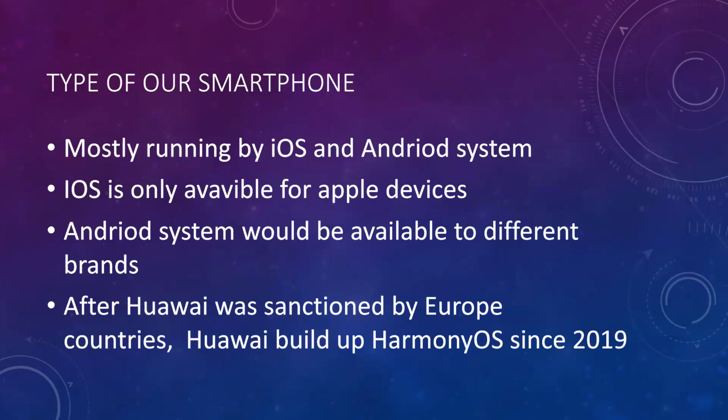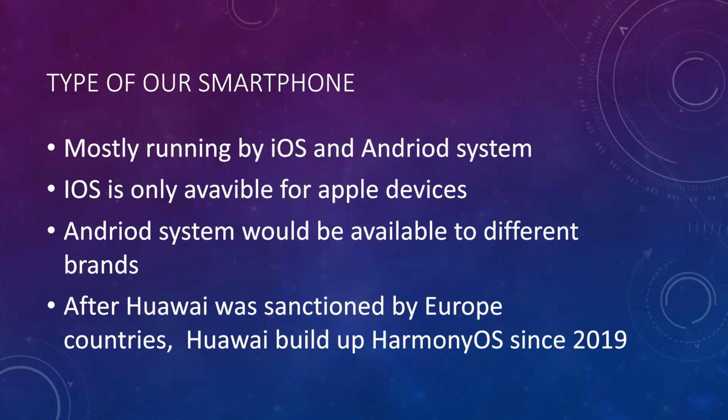Like our smartphones, we also use platforms like iOS and the Android system. iOS is only available on Apple devices. As I mentioned, Apple can make their own CPU, so they won't use any Snapdragon CPU now.